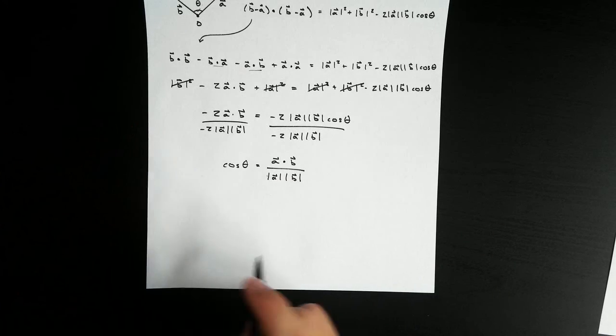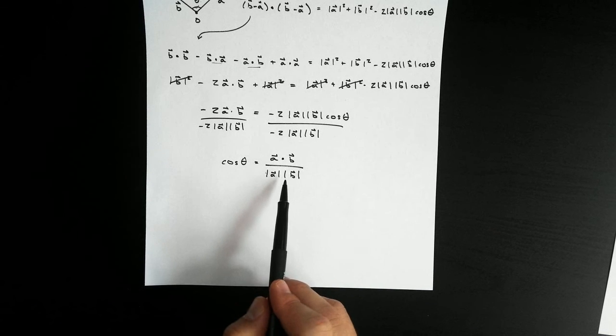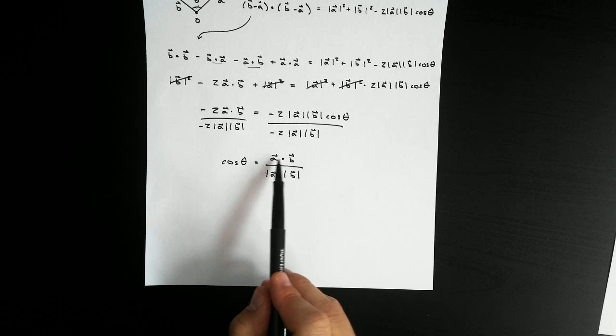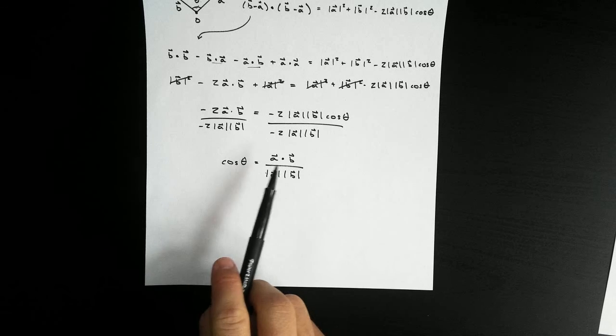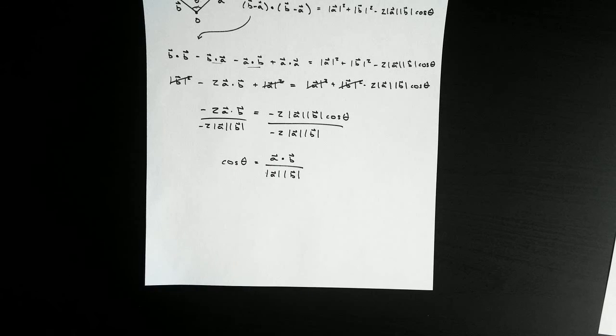So as long as we know the component form for our two vectors, we can easily find the dot product, and we can easily find the two magnitudes. Inverse cosine of that fraction will give us the angle between the two vectors.